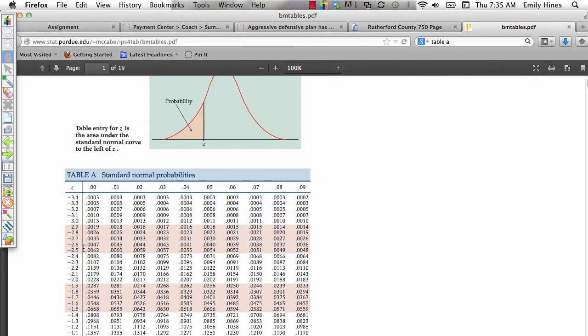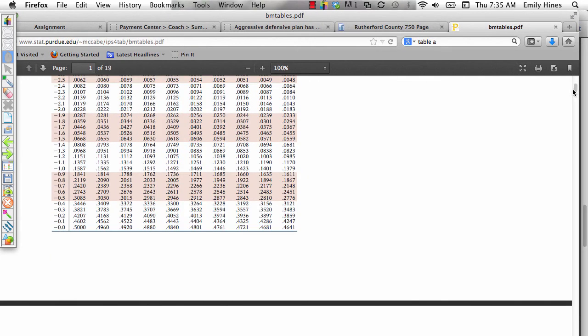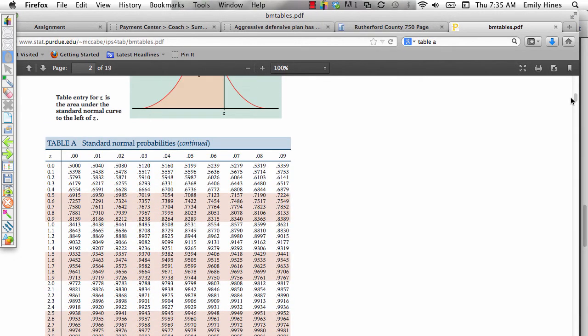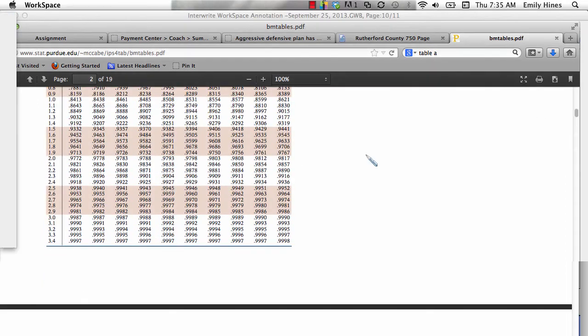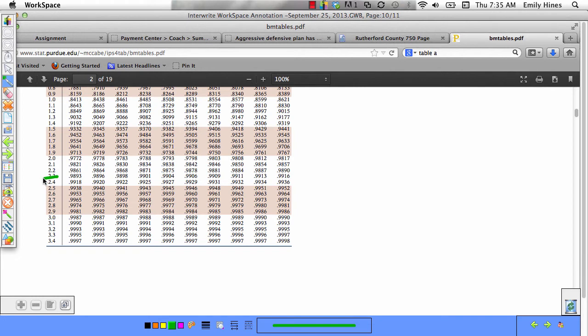So notice all of these are negative. If I scroll down, or go to the next page, I get positive z-scores. And so I do the same thing, 2.4, because if I find the greater than the negative, it's the same as less than the positive. 0, 1, 2, 3, 4, 5.